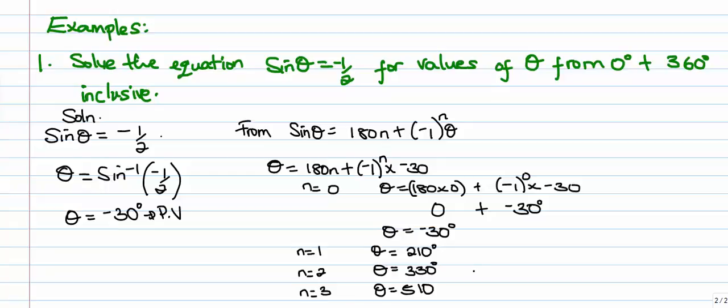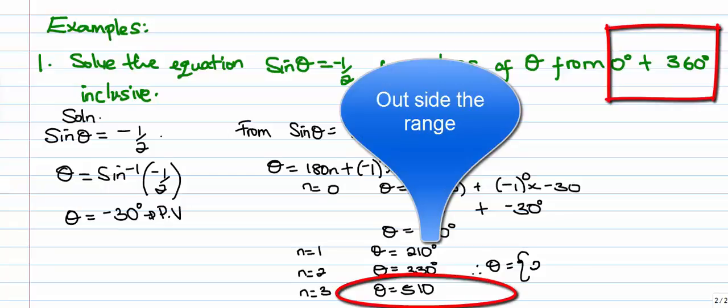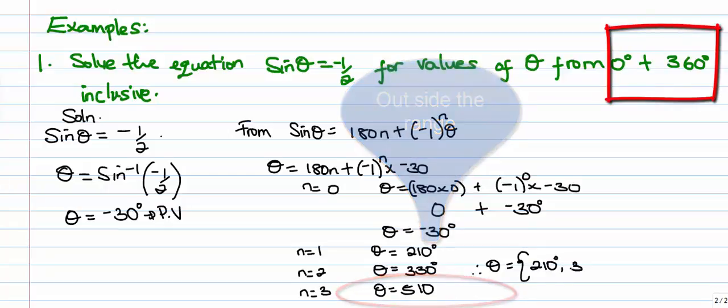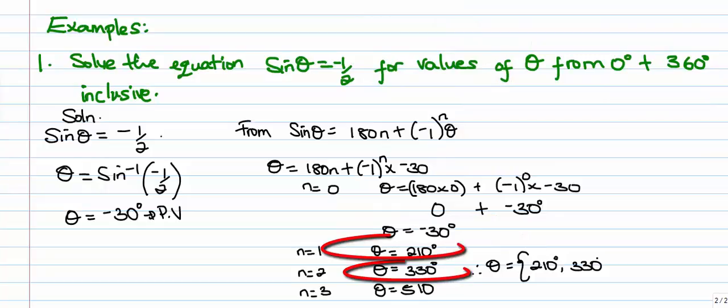Now once we put n is equal to 3, we get a value of 510. However, 510 is outside our range because our range was 0 to 360. -30 is also still outside our range. That's why we have only two angles, that is 210 degrees and 330 degrees as our angles.